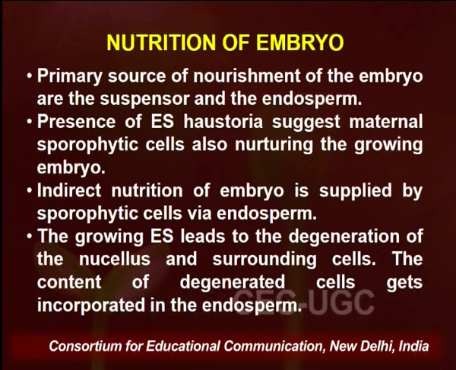Sometimes the growing embryo sac leads to the degeneration of the nucellus and the surrounding cells. Once the nucellus and the surrounding cells have degenerated, the content of the degenerated cells gets incorporated into the endosperm. So, it is another channel for nourishment to the growing embryo.